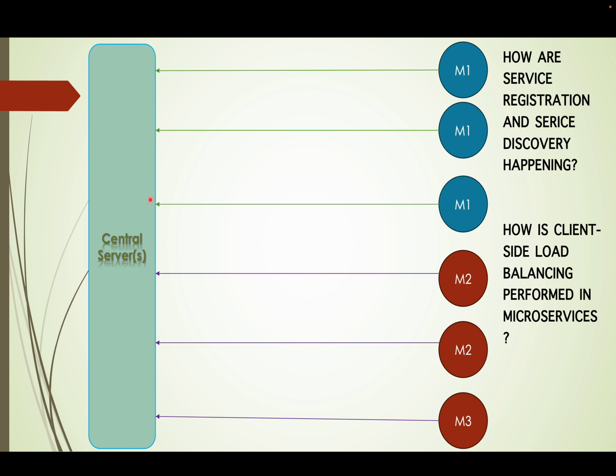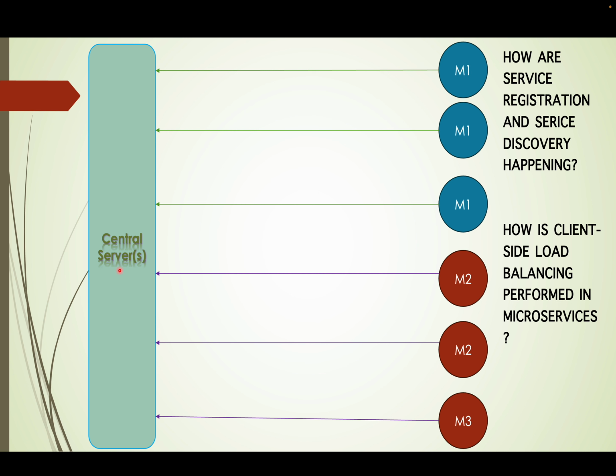If there is only one central server, the IP address will be sent to only that one. If there are multiple servers, each of these instances will send to any of the servers, and those servers will communicate with each other and get the information from the other servers through the gossiping protocol.